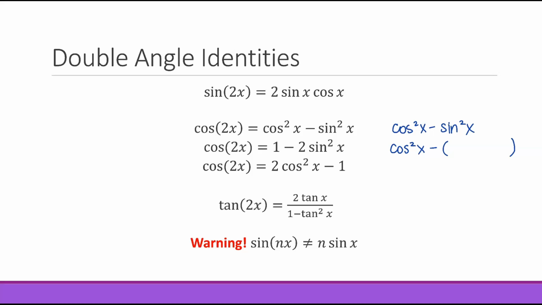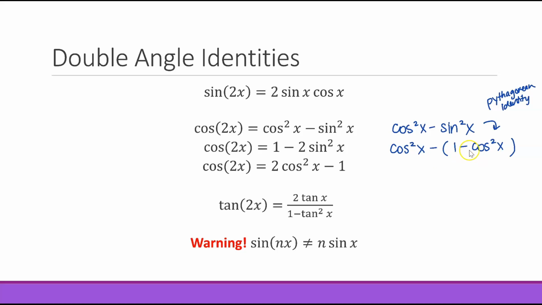From the Pythagorean theorem, I know that sine squared x is equal to 1 minus cosine squared x. So from here to here, this is coming from the Pythagorean identity, sine squared x plus cosine squared x equals 1.